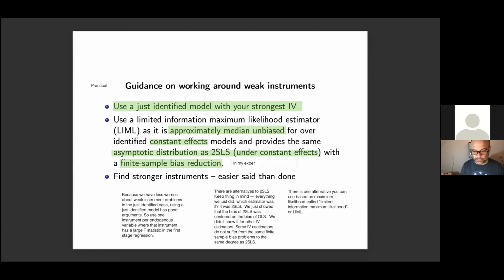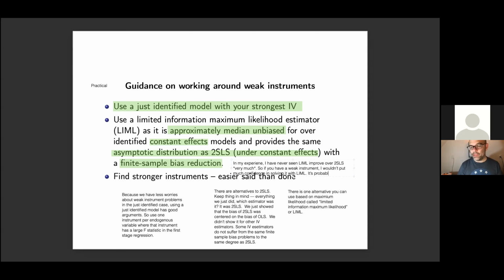Let me just say one thing. In my experience, I have never seen LIML improve over two-stage least squares very much. So if you have a weak instrument problem, I wouldn't put much confidence in solving it with LIML.